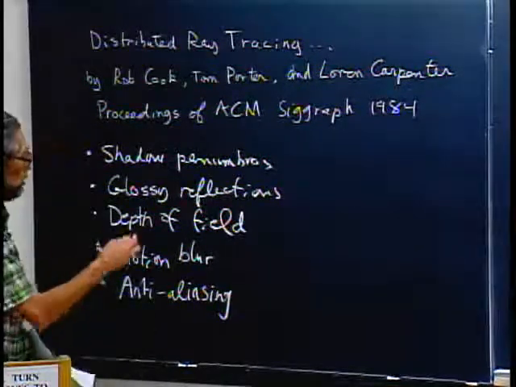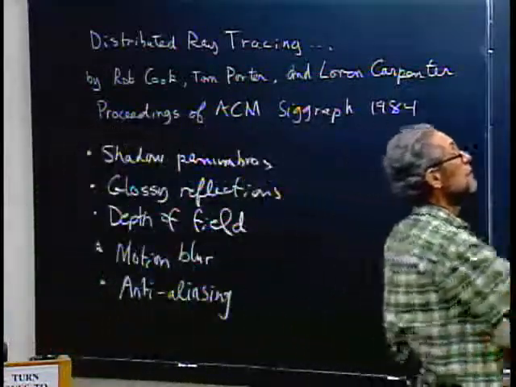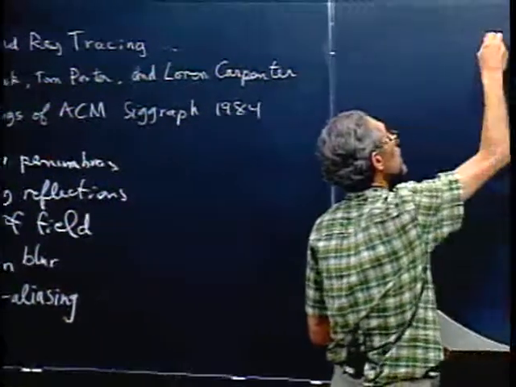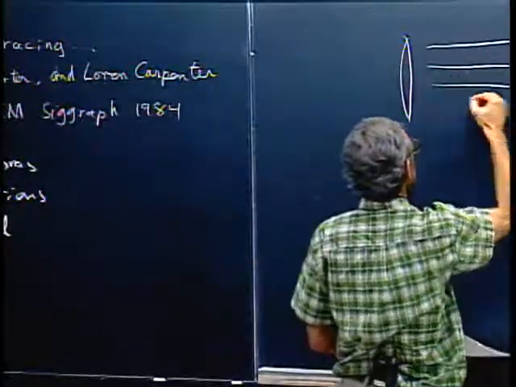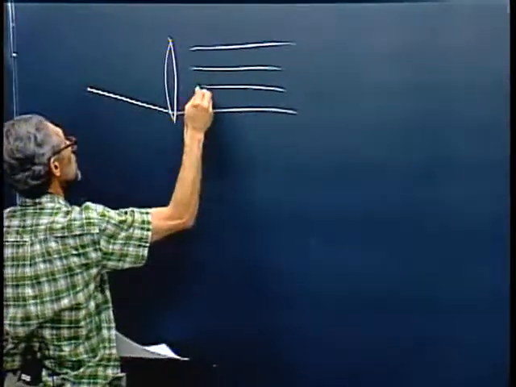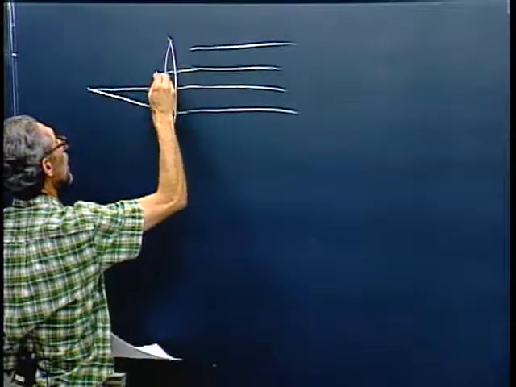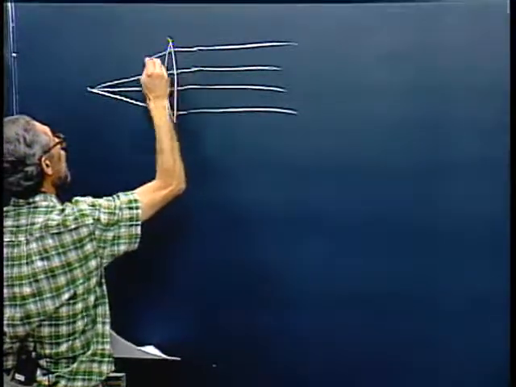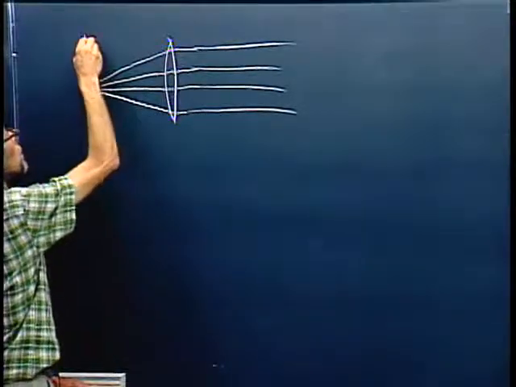So let me start with the depth of field effect. The idea is if you have a thin lens here like this, and you have rays coming in from infinity, the effect of the lens is to refract these rays so that they all end up at the same point on, say, the film.